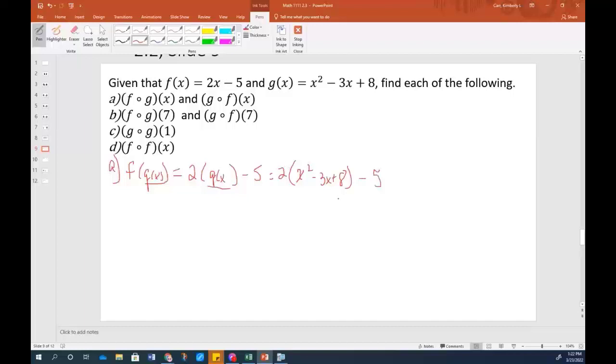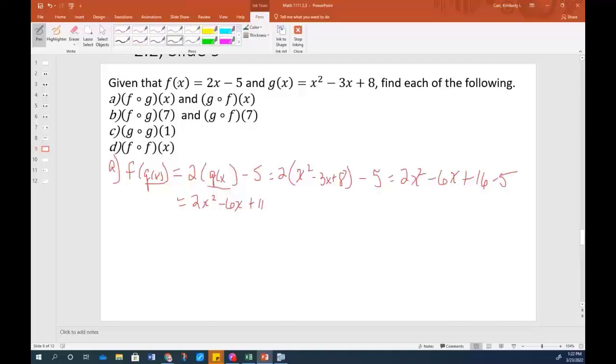So now that's 2 times g of x minus 5, which is 2x squared minus 6x plus 16. 2 times 8 is 16, minus 5, which is 2x squared minus 6x plus 11.